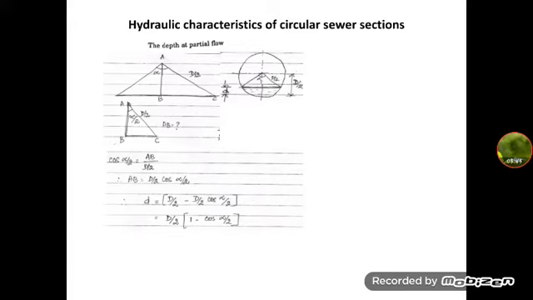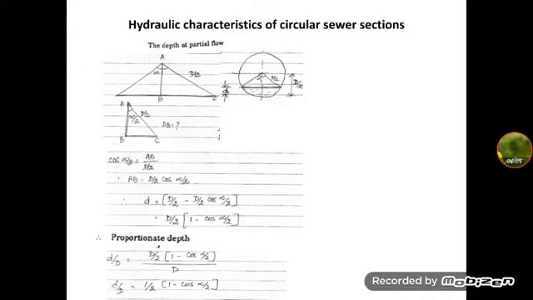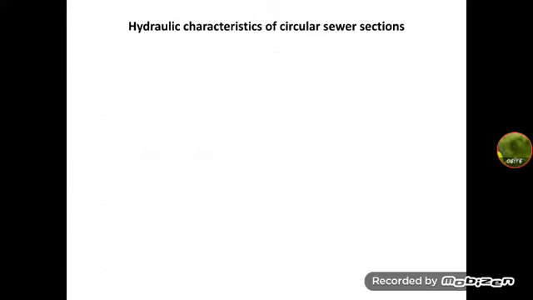Taking D by 2 as common, d is equal to D by 2 into 1 minus cos alpha by 2. Then the proportionate depth is small d by capital D, the proportion between the partially full condition and the full condition. By substituting the values of small d and capital D, we get d by D is equal to 1 by 2 into 1 minus cos alpha by 2.